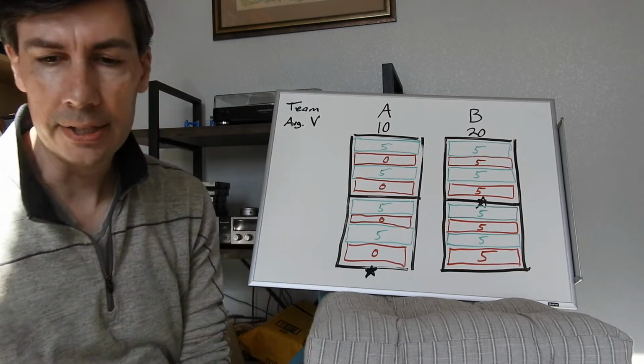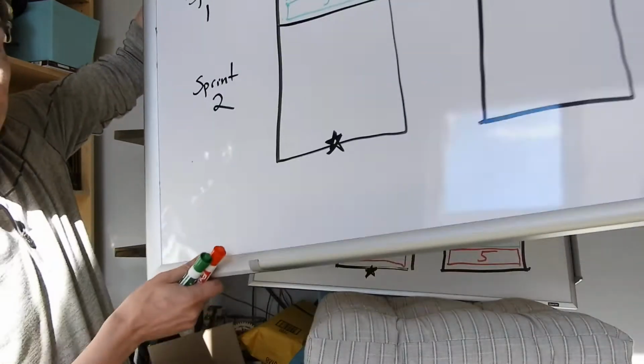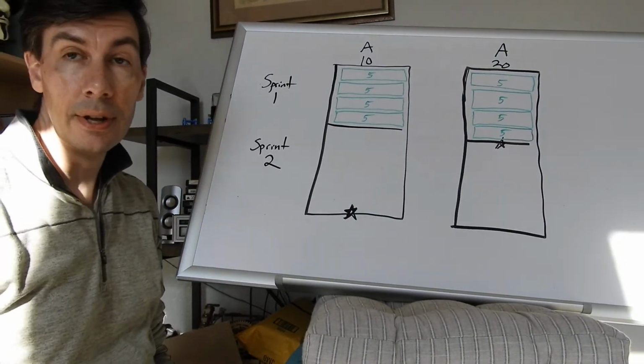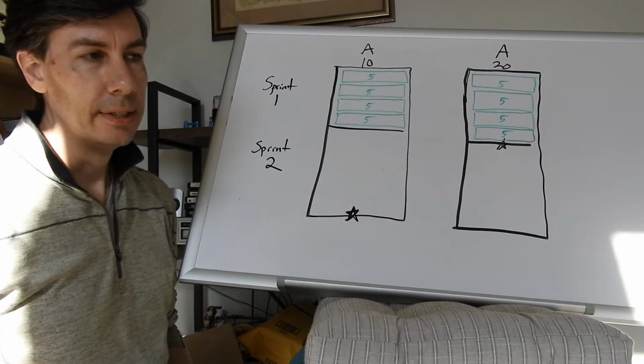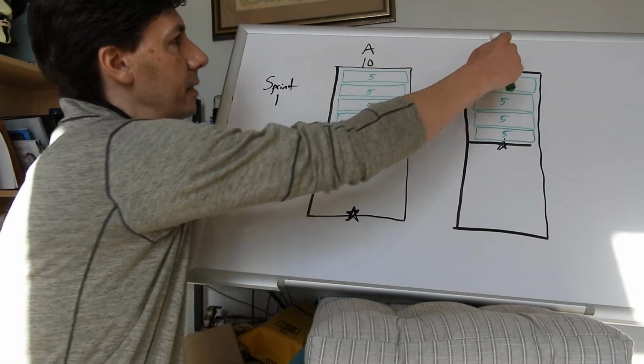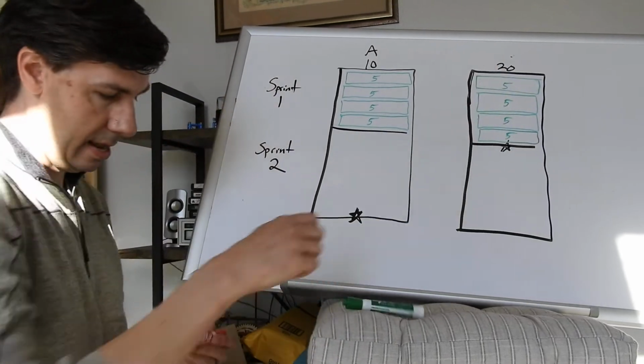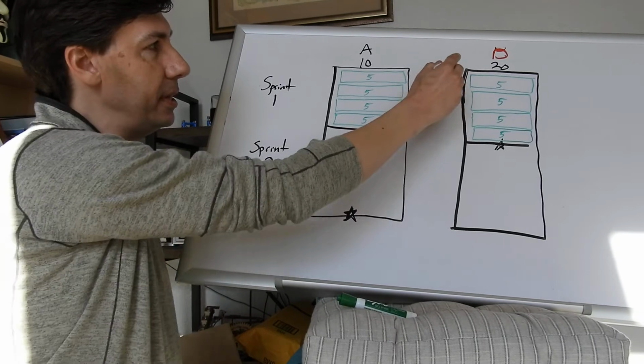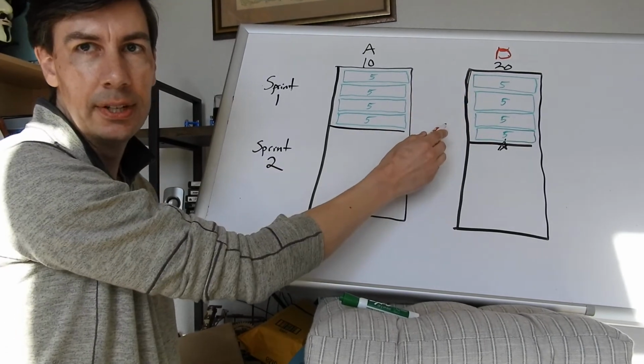But I think a more likely scenario is this. If you've just started out in a brand new feature, there aren't any bugs yet. So, a more likely, this should be B, what am I doing? More likely, Team B didn't schedule any bugs because none have cropped up yet.